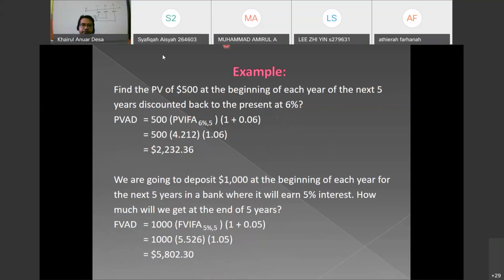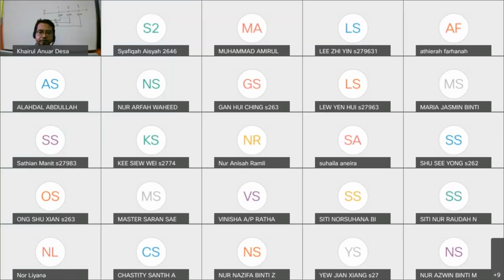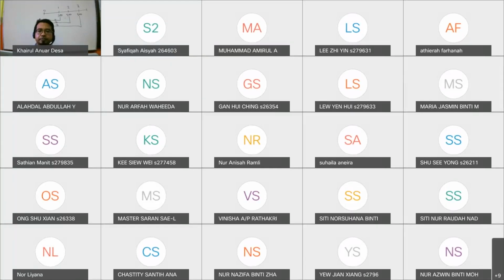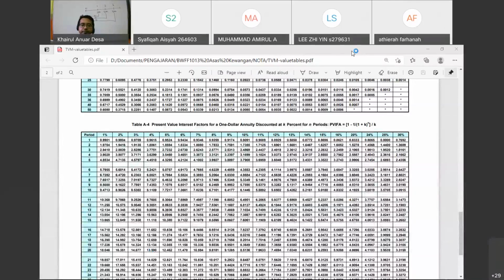Tengok. So 5 years here, 5 years here, and 6%. Pak, di sini adalah dia punya coordinate.